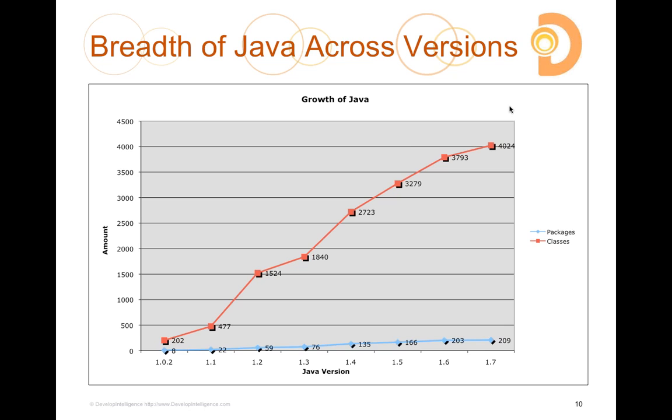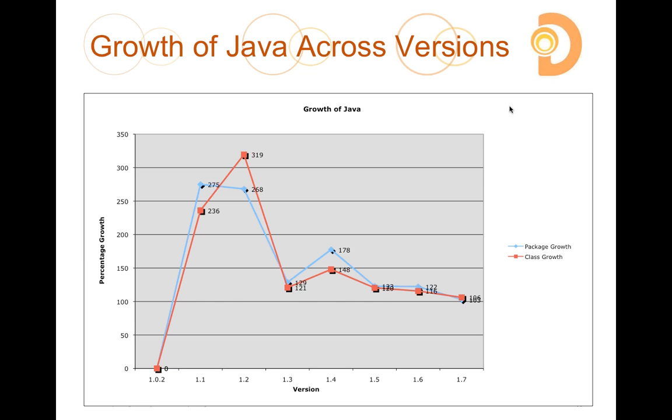You will also notice that the package growth has slowed a little bit. If you were to graph the growth, the percentage change in Java, you'll notice that over the past couple years, less and less investment has been made in terms of the libraries and the packages compared to the early part of the Java language.